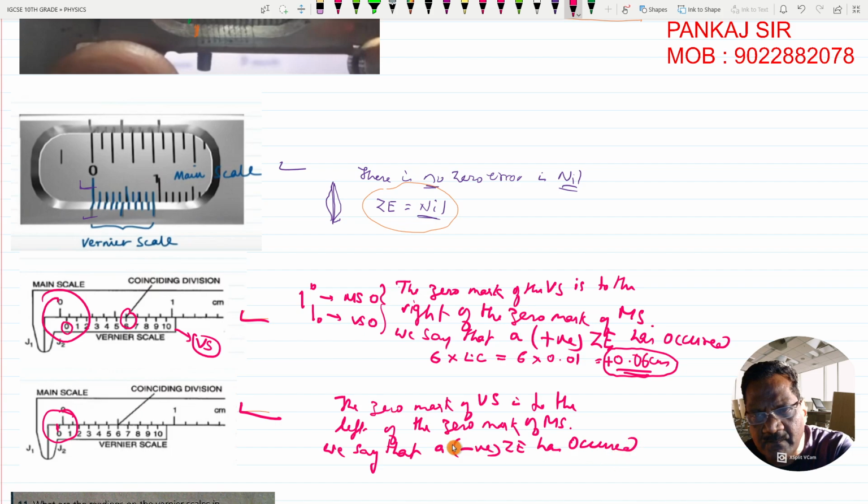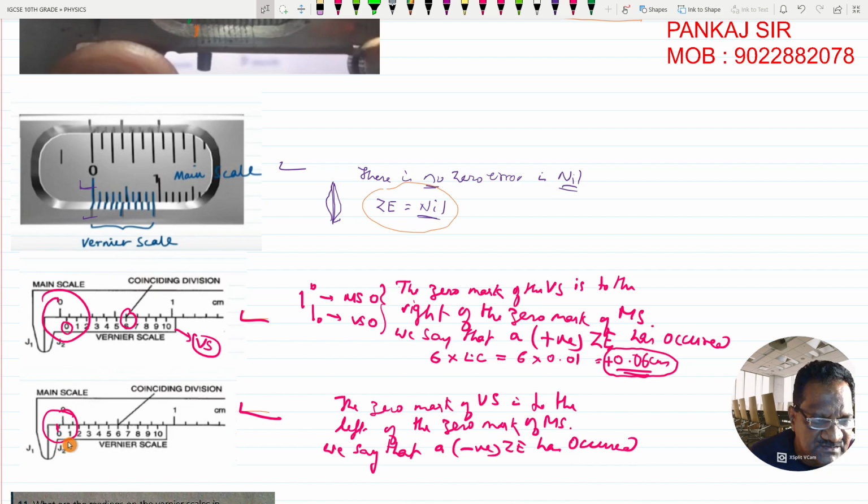Again, if you want to find out the value of this negative zero error, repeat that same procedure. You keep on going from left to right on your vernier scale, and see which very first division on the vernier scale is coinciding exactly with the main scale. The zero division is not coinciding.